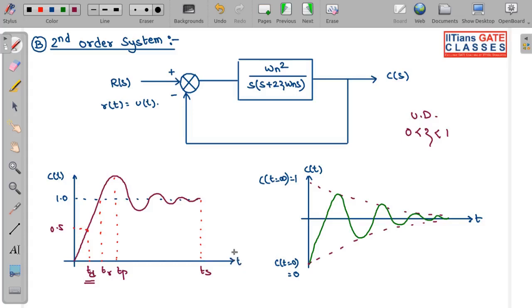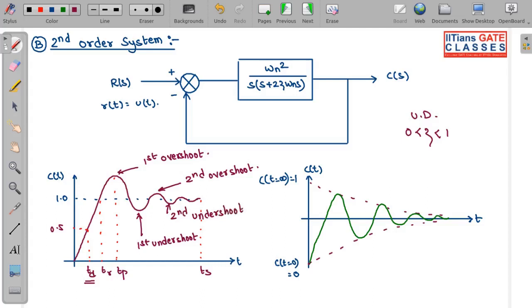Now you can see this is known as the first overshoot. This is known as the first undershoot. This is known as the second overshoot, and this is known as the second undershoot.